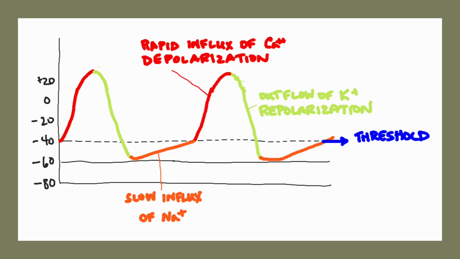When the millivolts hit negative 40, that would happen because those sodium ions are sneaking in. That triggers the calcium channels to open, and this allows calcium to rapidly enter the cell, causing a rapid depolarization to plus 20 millivolts. So now you've gone from minus 70 to positive 20. That's depolarization.